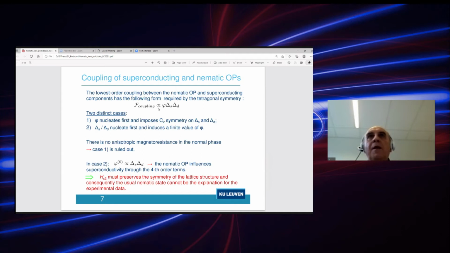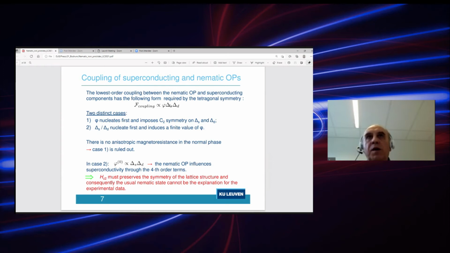And to have a term in the Ginzburg-Landau functional, we have to multiply by a combination of order parameters, which also have C2 symmetry. Each symmetry in the tetragonal reference, this is s or d x squared minus y squared, has fourfold rotational symmetry. So to obtain twofold rotation, we have to take a combination of them.